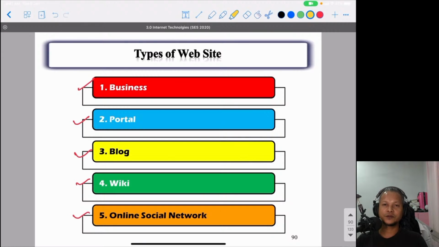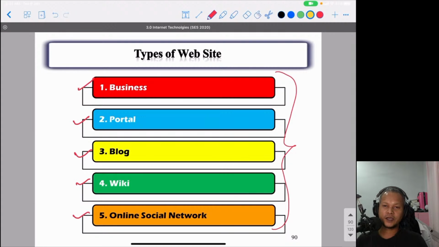Actually, we have too many types of website, and in the quizzes I already asked you beyond this listed type: education, entertainment, news.